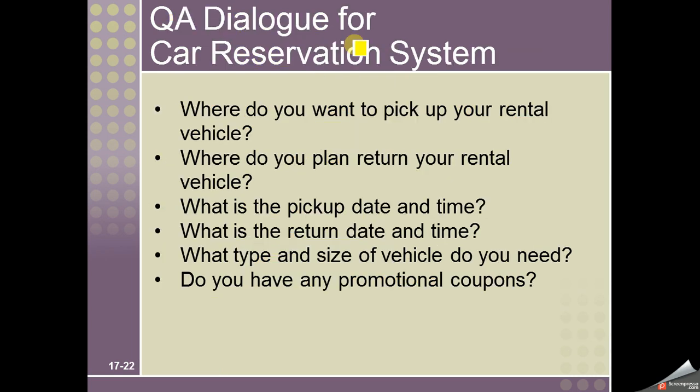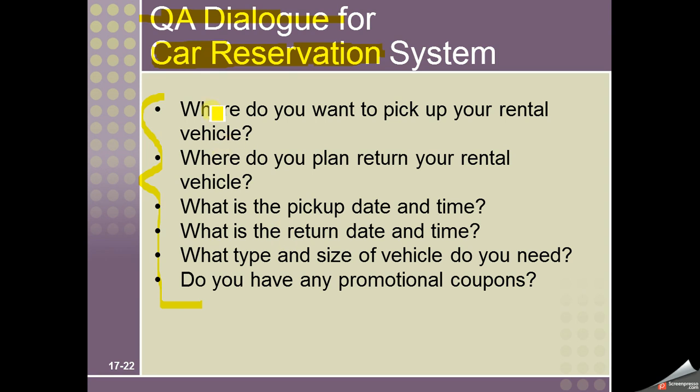Right? Just to give you a very small example, this is a QA dialog for a car reservation system. Let's say you want to rent a car. One way is, let's say you go to the website and you enter all the information to get a car rental, or the system can ask certain questions from you, and you provide answers to all these questions, and then you will be able to rent a car.